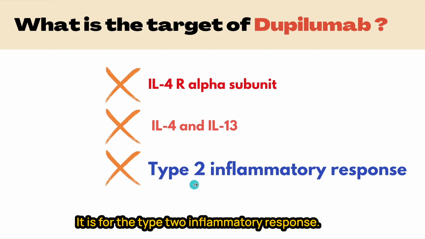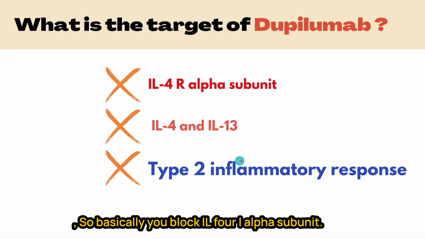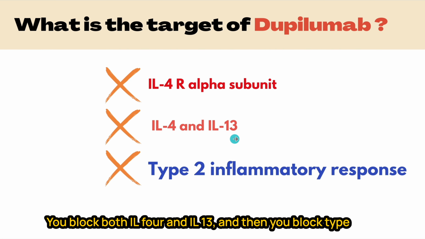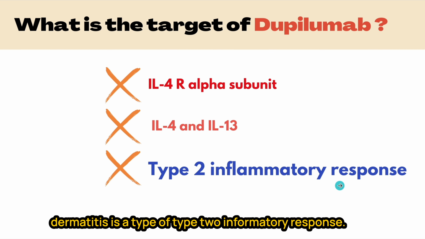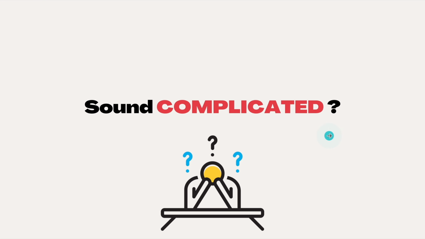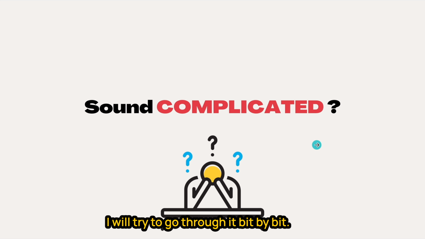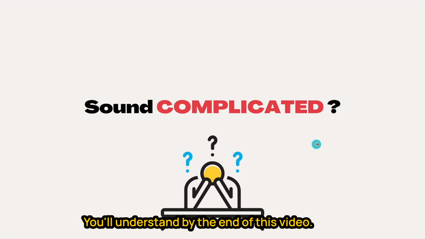They are for the type 2 inflammatory response. So you block the IL-4R alpha subunit, you block both IL-4 and IL-13, and then you block the type 2 inflammatory response. And eczema, or atopic dermatitis, is a type 2 inflammatory response. It sounds complicated, right? Don't worry, I will go through it bit by bit. You will understand by the end of this video.